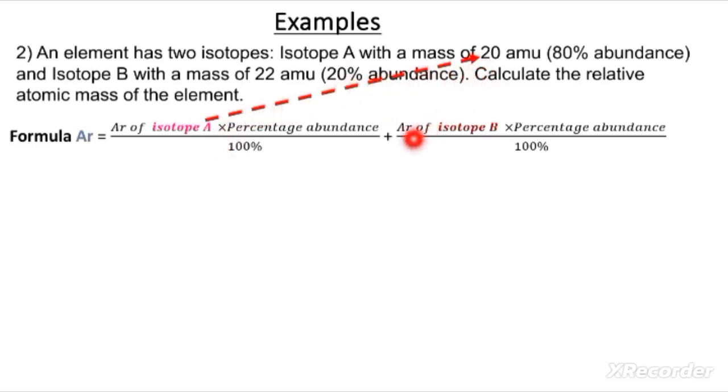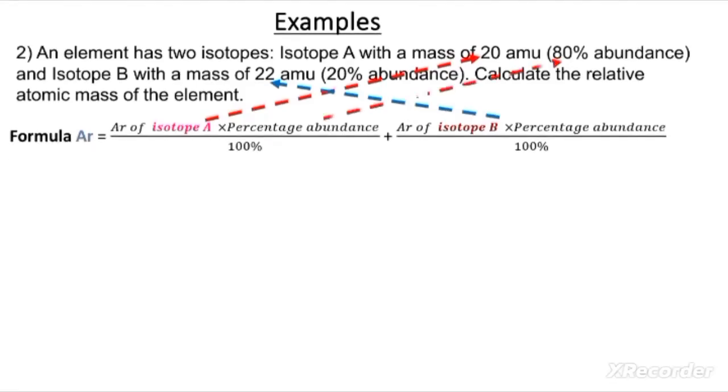Then let us also identify the atomic mass of B. The atomic mass of B is 22. The next thing is to identify the percentage abundance of A. The percentage abundance of A is 80%.